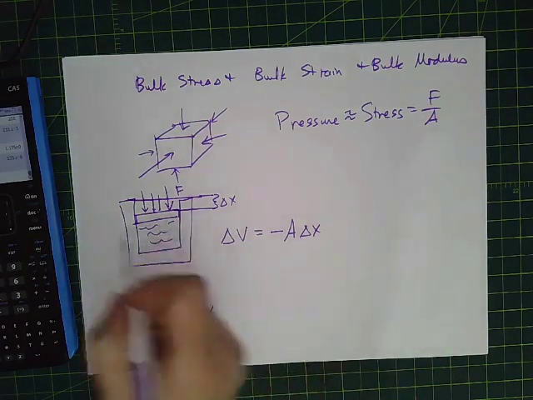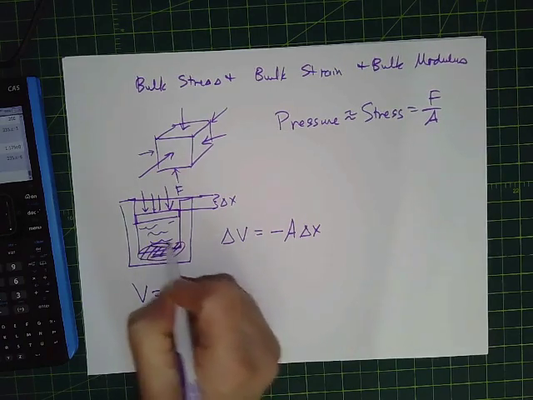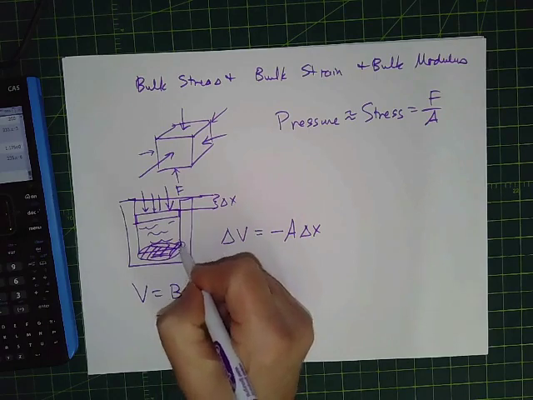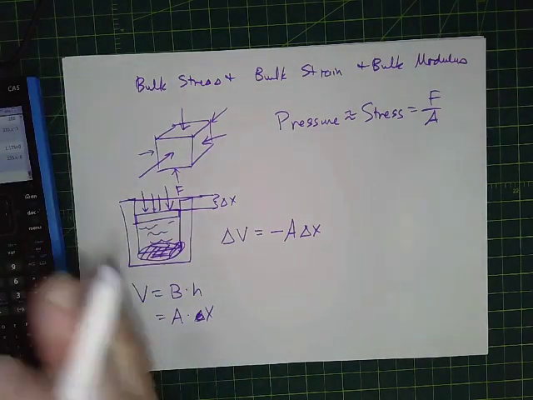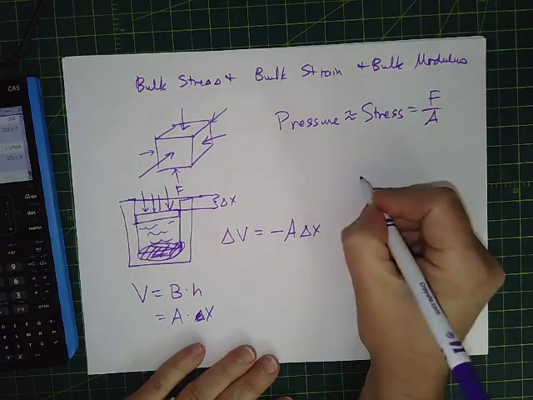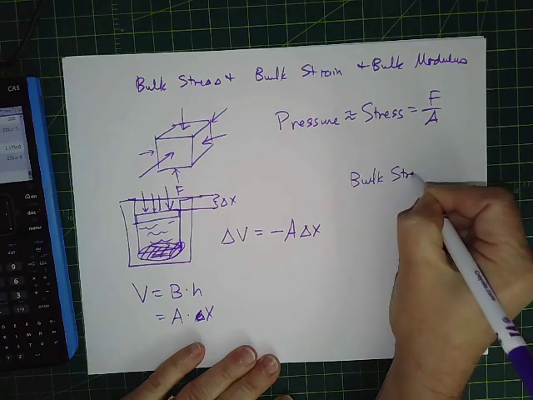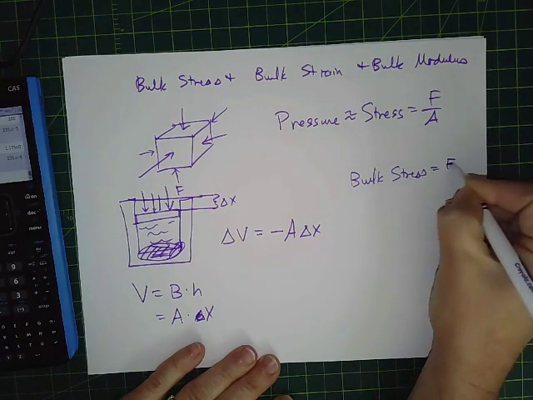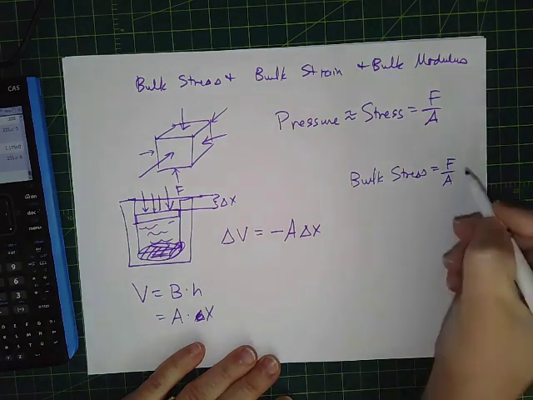A is the surface area. Maybe it's round or maybe it's square, whatever, it's the area of the bottom. So the change in volume will just be area times the change in x, assuming the piston is the same shape and just goes up and down to compress the thing. So then the bulk stress is defined as the pressure, the same as force per unit area, but thinking 3D.